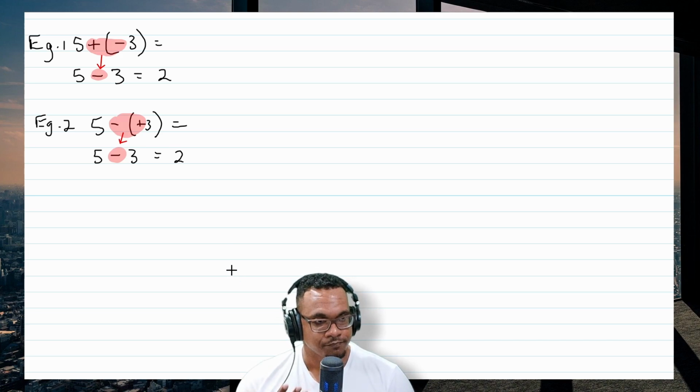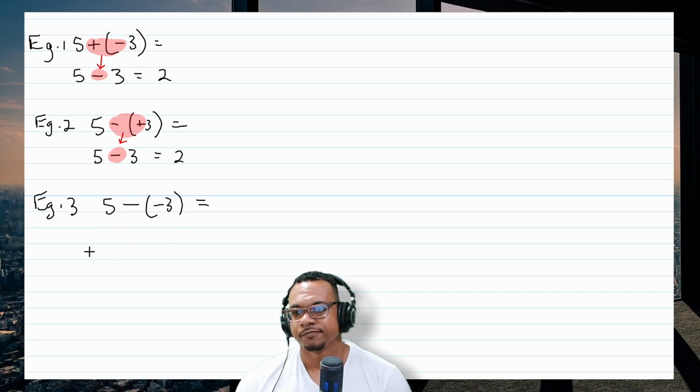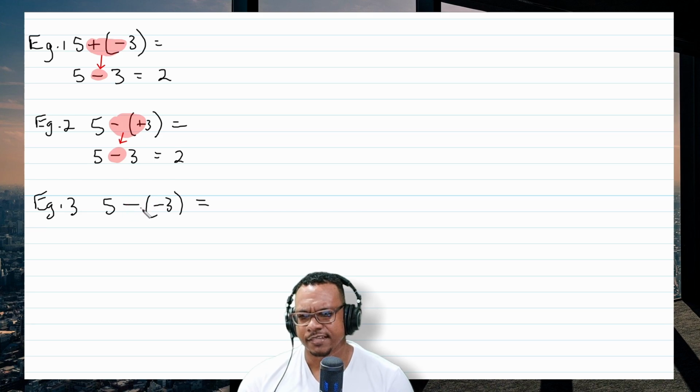All right? Now, I looked at when the signs are different. Let's look at when the signs are the same. All right, so if I have 5 take away, then negative 3 like this. Now again, the signs are the same. So when you're multiplying and the signs are the same, the answer is positive. So what's outside the bracket has to be multiplied by inside.